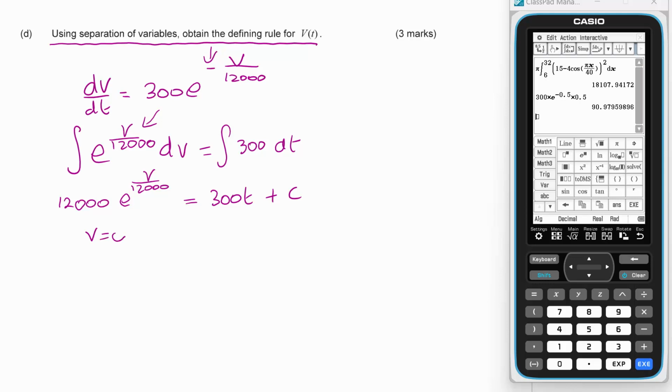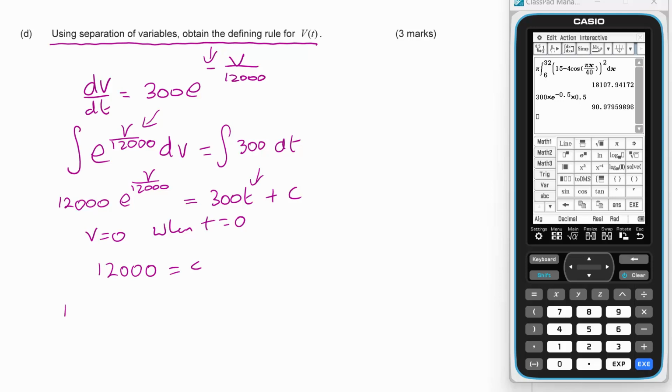But we know that V equals 0 when t equals 0. So e to the 0 is 1. So that gives me 12,000 on the left, and on the right, if t is equal to 0, we just get c.